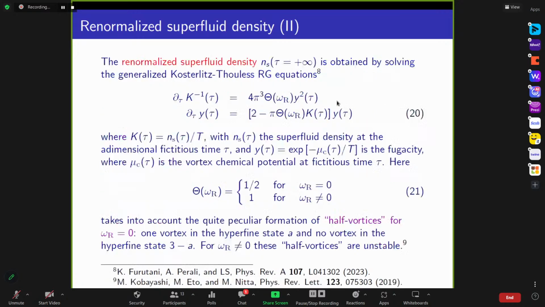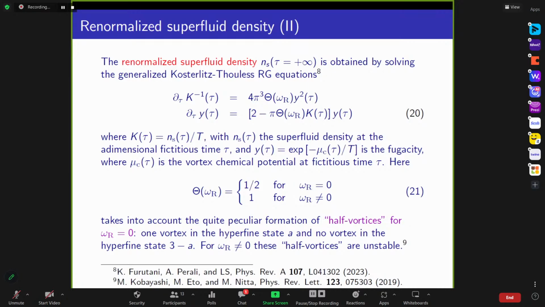And here I am showing the Kosterlitz-Thouless renormalization group equation 20. Notice that in this equation 20 there is a theta function that is a function of omega_R, the Rabi frequency, and this theta function, as shown in equation 21, is simply 1/2 if omega_R is equal to 0, and instead is 1 if omega_R is different from 0.